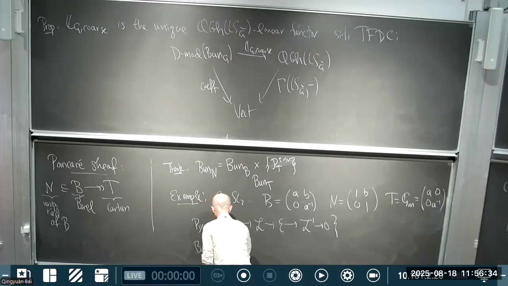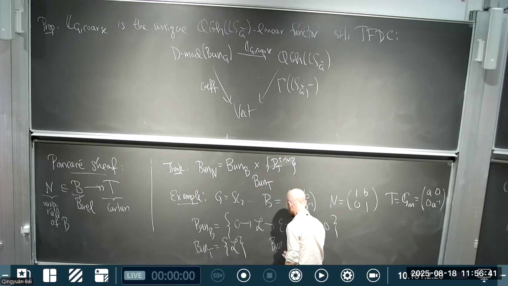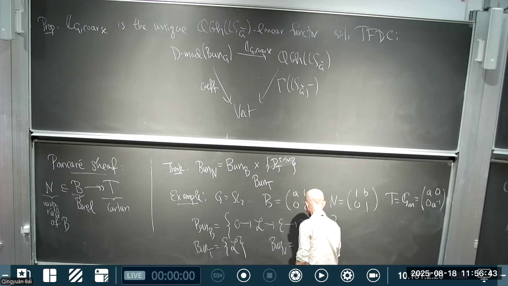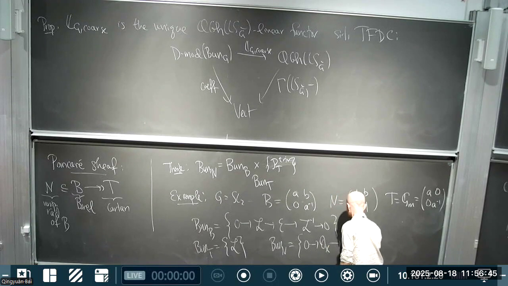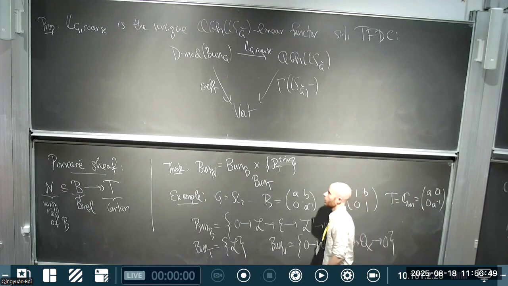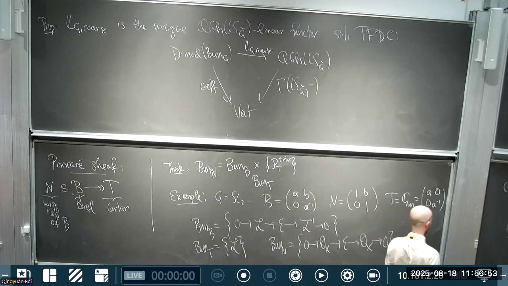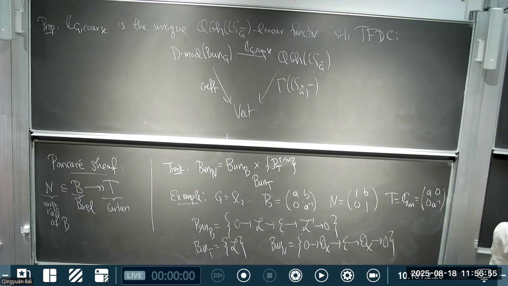Bun T is just Bun Gm, the moduli space of line bundles, and Bun N is the set of extensions like this. Of course it's exact.